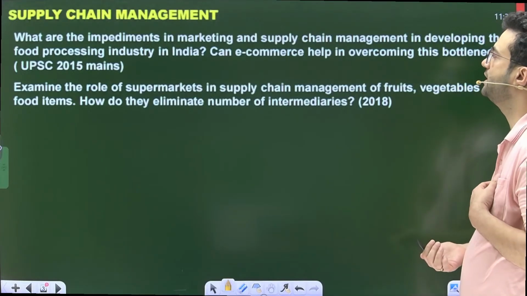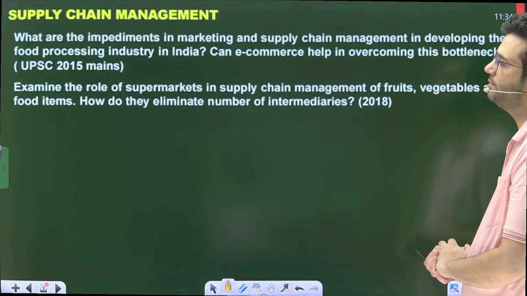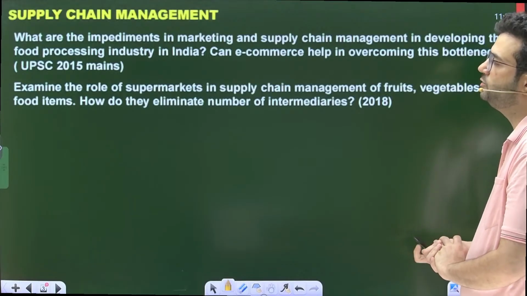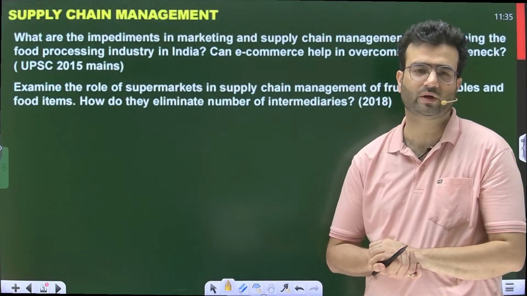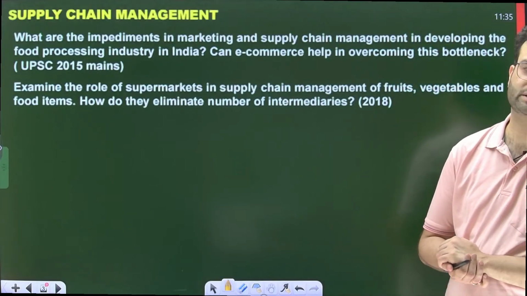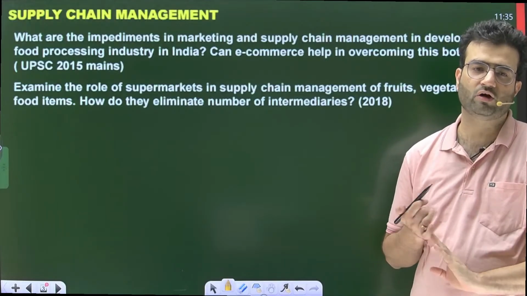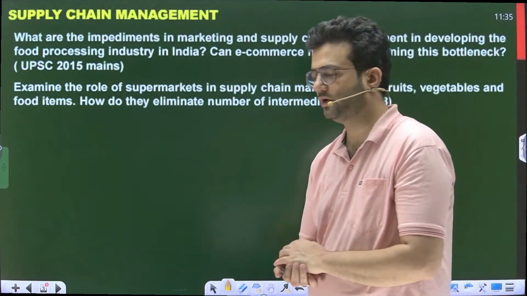Can e-commerce help in overcoming this bottleneck? Examine the role of supermarkets in supply chain management of fruits, vegetables and food items. How do they eliminate the number of intermediaries? First is regarding e-commerce and another is regarding supermarkets like DMart.